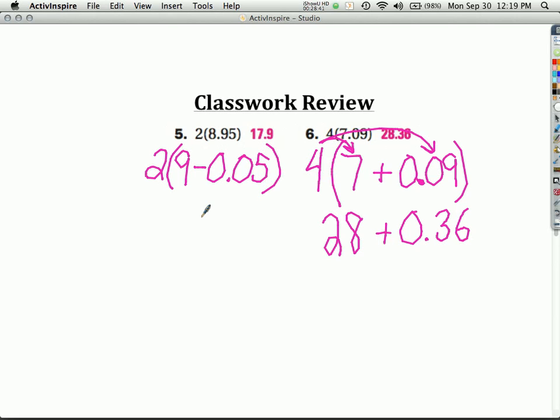And then 2 times 9 is 18. 2 times 5 is 10. I know that in my brain. And since there's 2 decimal places, I know that I have to take 10 and put 2 decimal places in it. And so that's why we subtract 0.1.